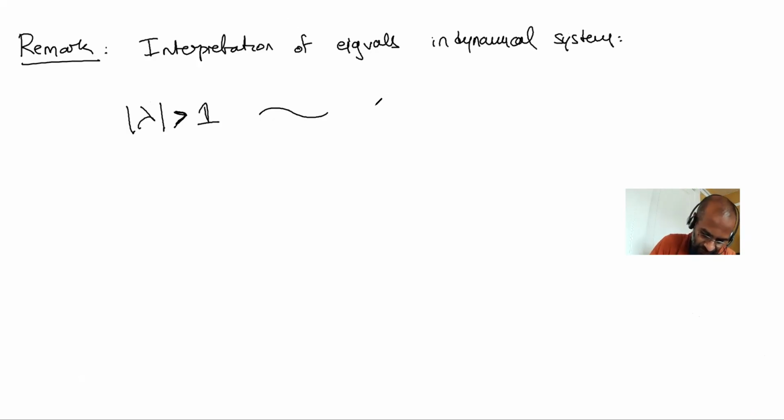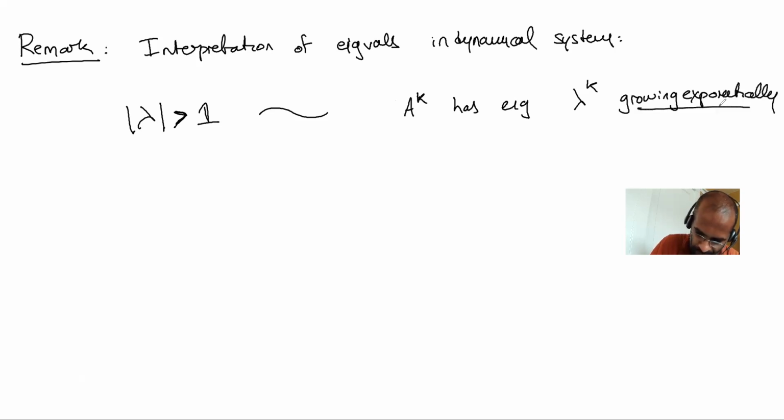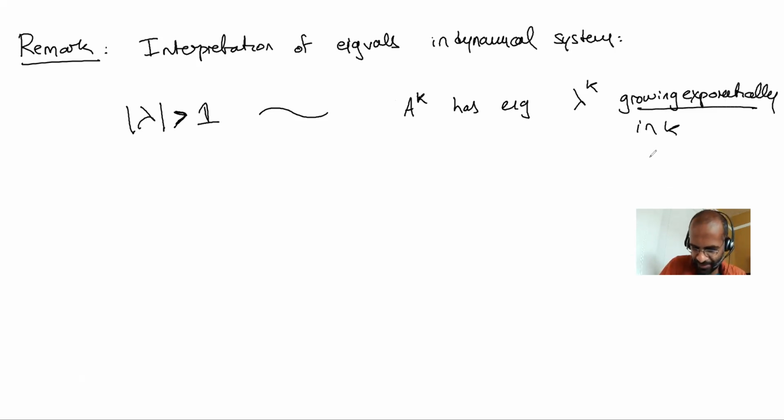And if the magnitude is bigger than 1, then this means that A to the k has eigenvalue lambda to the k, and this is growing exponentially in k. So eigenvalues with magnitude bigger than 1 indicate exponential growth. Eigenvalues with magnitude strictly less than 1 indicate exponential decay.